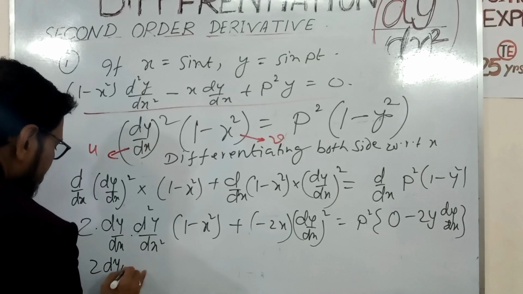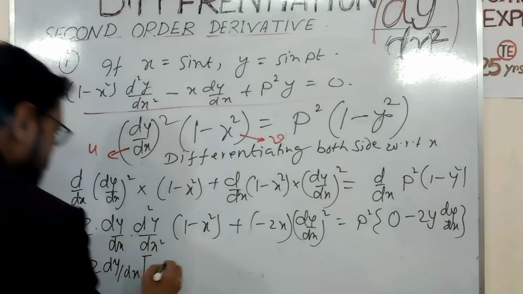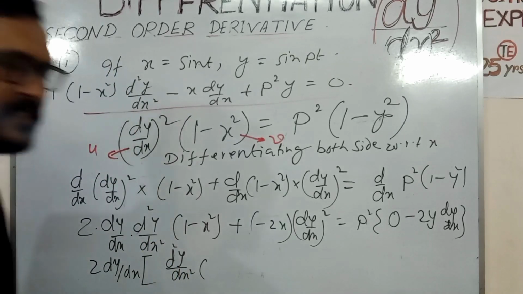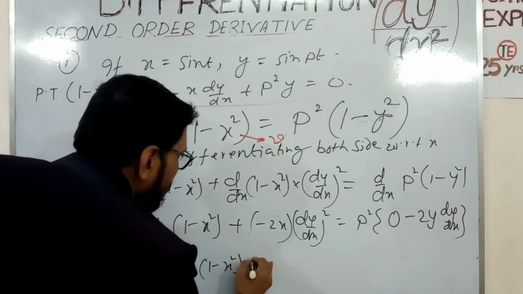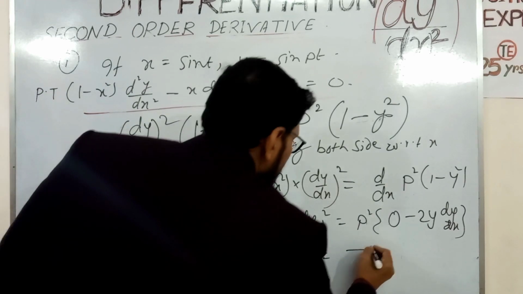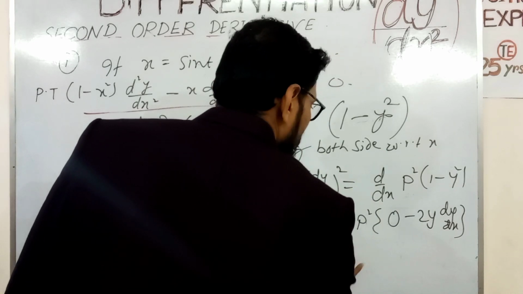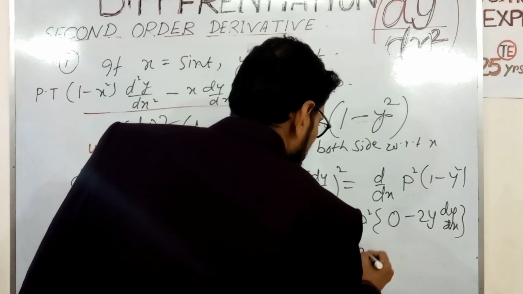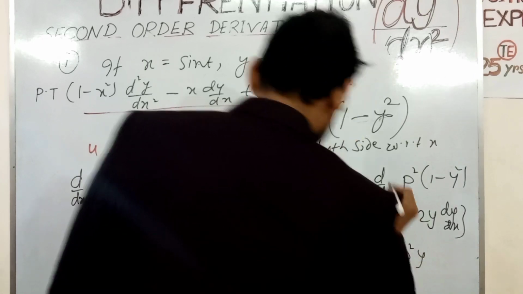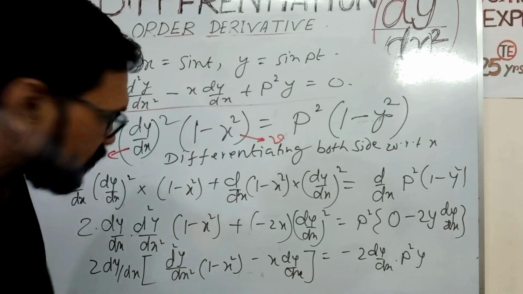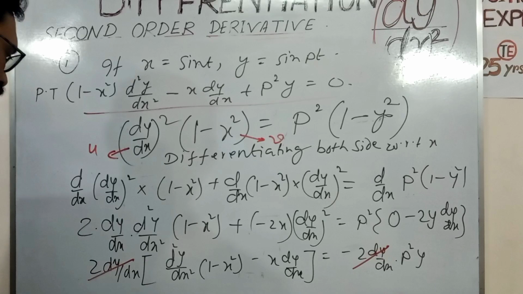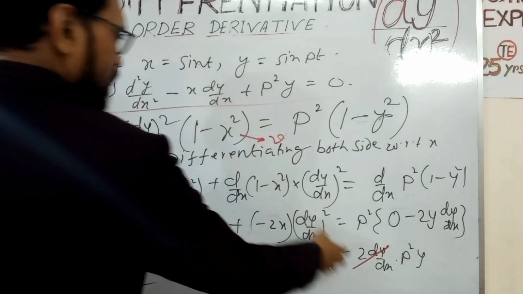If we take 2 dy by dx common, we get dy by dx times (1 minus x square) d2y by dx square minus x dy by dx equals minus 2 dy by dx into p square y. So cancel 2 dy by dx on both sides and we get the required proof: (1 minus x square) d2y by dx square minus x dy by dx plus p square y equals 0.